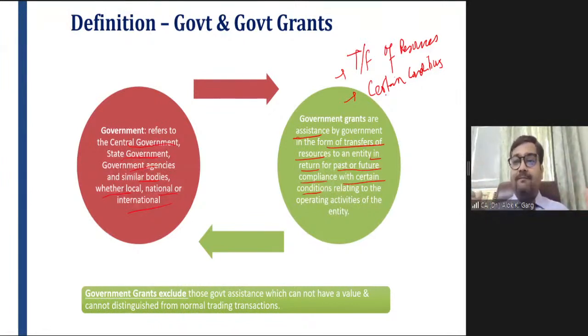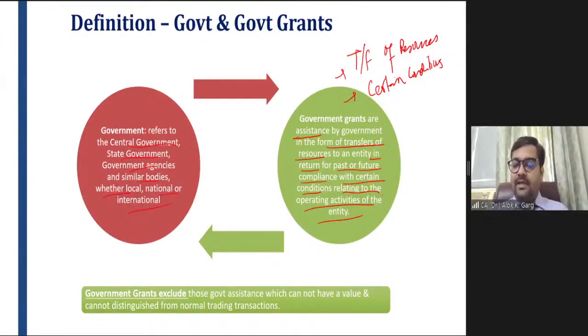Okay. So guys, what is a government grant? It is an assistance by government in the form of transfer of resources to an entity, in return for past or future compliances. Either the entity has complied with the condition in the past, or the entity will comply with the condition in future. At times the government will provide the grant in advance, or at times the government will pay the grant as a reimbursement because the entity has already complied with the conditions relating to the operating activities of the entity.